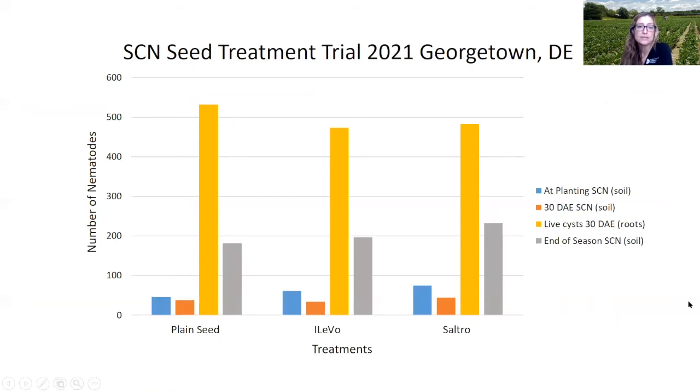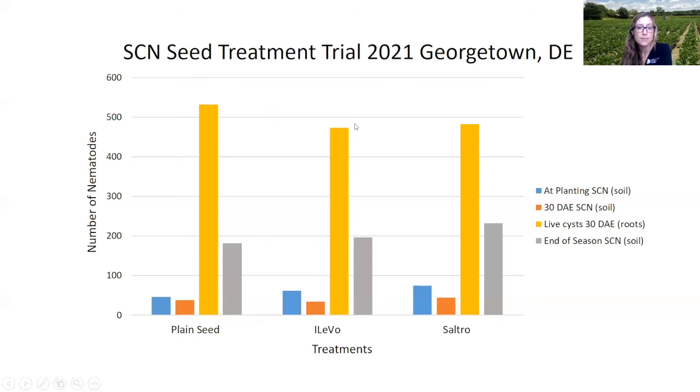We repeated this trial in 2021. So in these bars, you can again see those soil samples that we took in blue at planting, 30 days in the orange, and then gray was our end of season. And then we had those live cyst counts again around 30 days after. We do these live cysts about 30 days in. That's when they're really visible on the root system. We can extract them really easy and get some good counts.